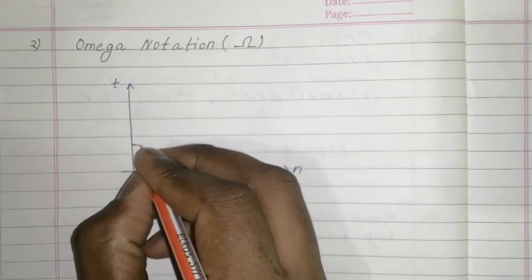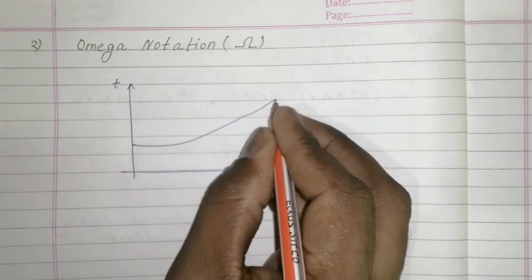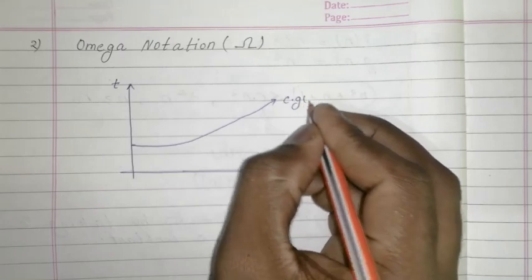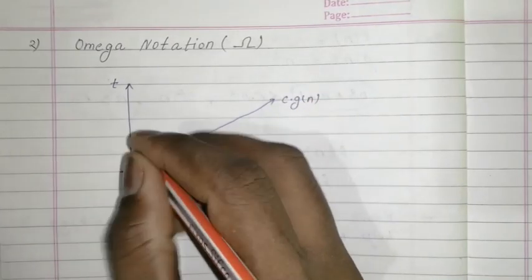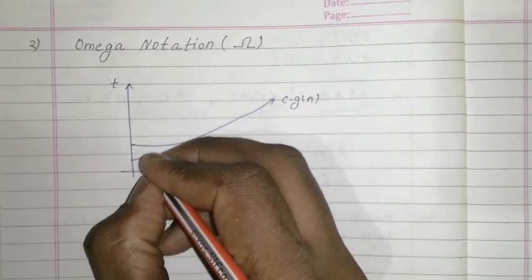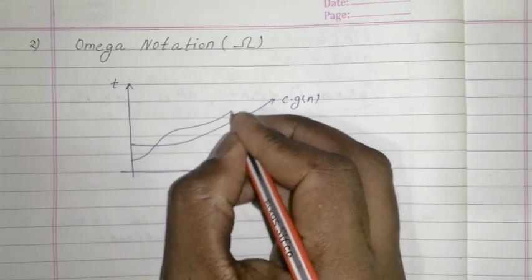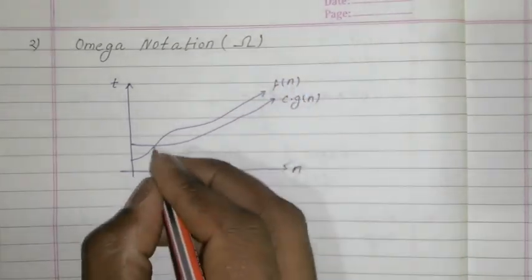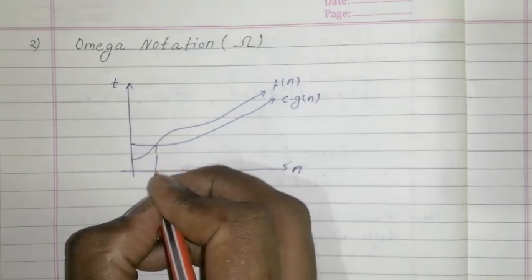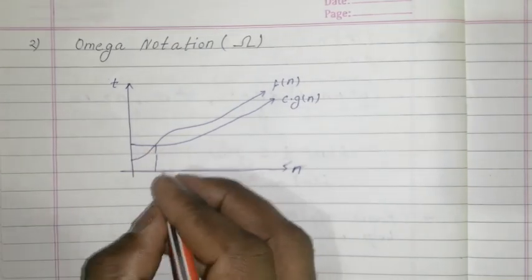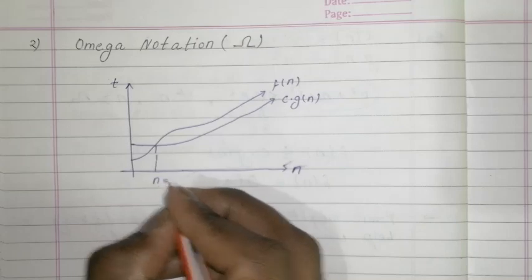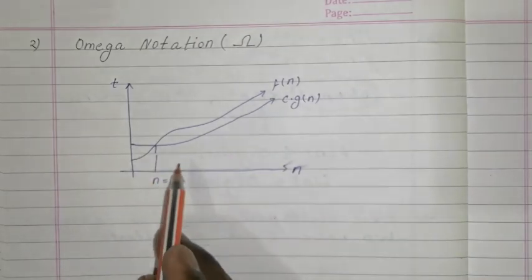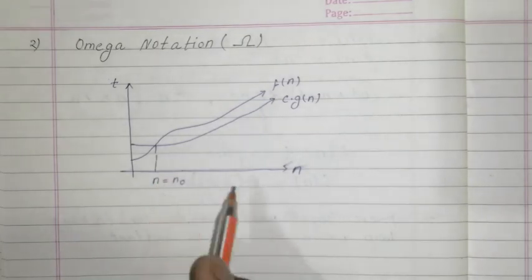As you can see, suppose this is a c into g of n function, and this is f of n. This is the meeting point of these two functions, and suppose these two functions meet at the point n is equal to n naught.